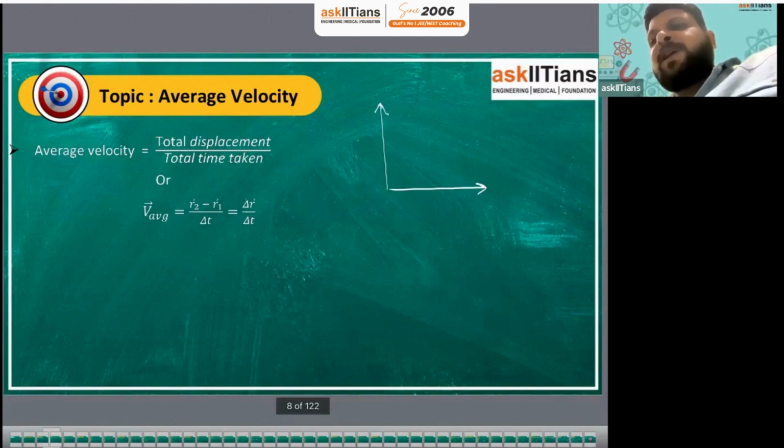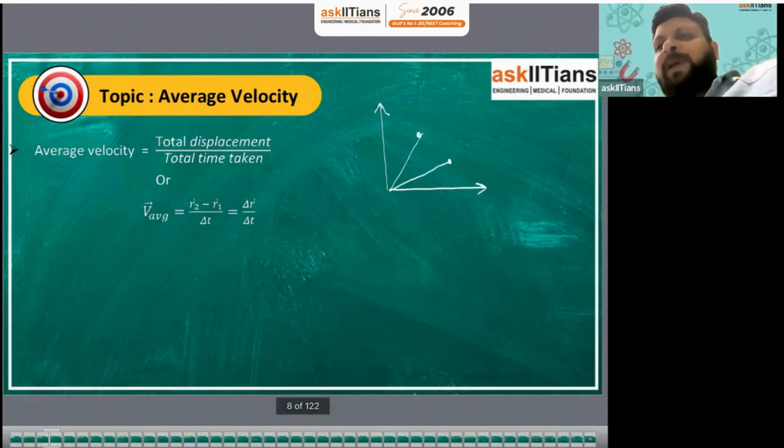suppose any person initially at point A, and after some time, it reaches to some other point B. The position vector of A is R1 vector, and position vector of B is R2 vector.